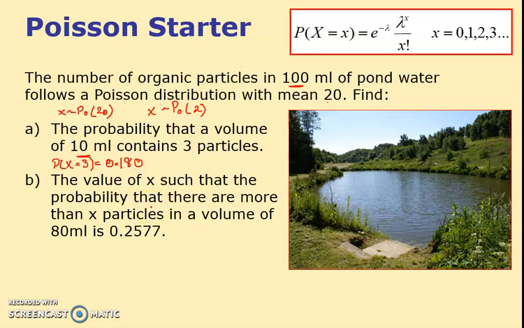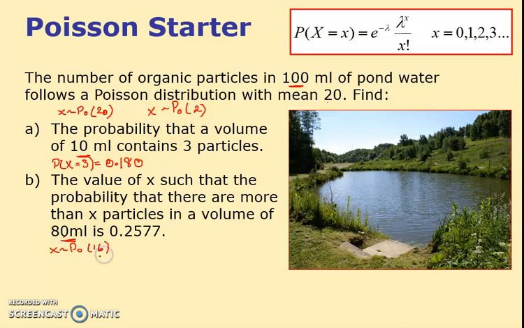The value of x, so this is a backward one, as you can tell straight away. There are more than x particles in a volume of 80. So again, I need to adjust my Poisson distribution. For 10 it is 2, so for 80 I think I've got 16.